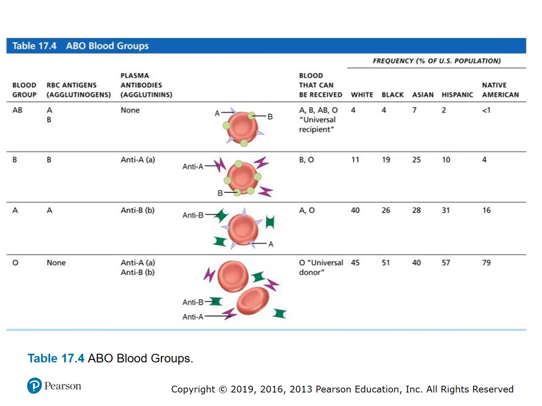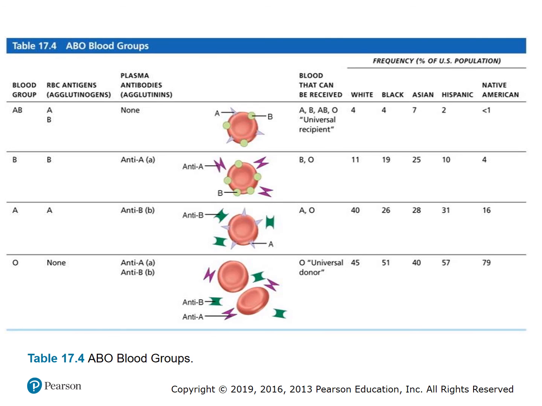A people have A antigens on the surface of the red blood cells. That means you have anti-B antibodies, and you can receive blood from A people and O people. These are the most common in general in a population.